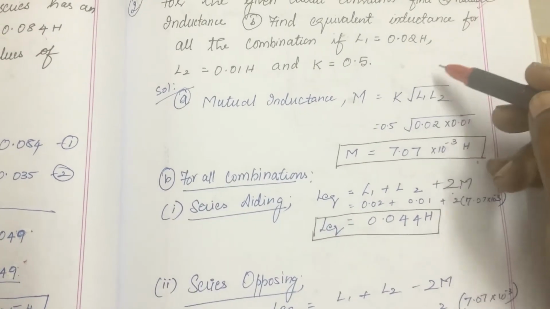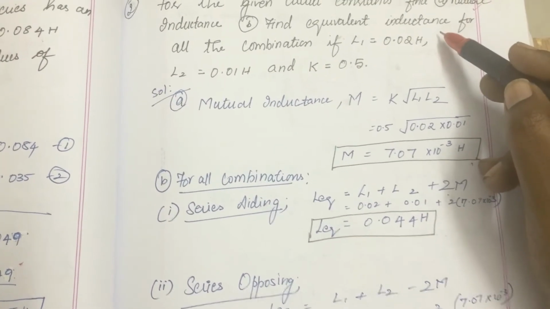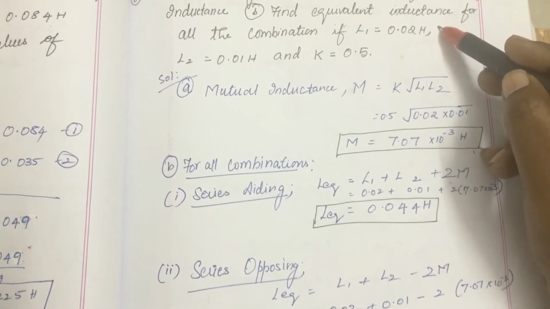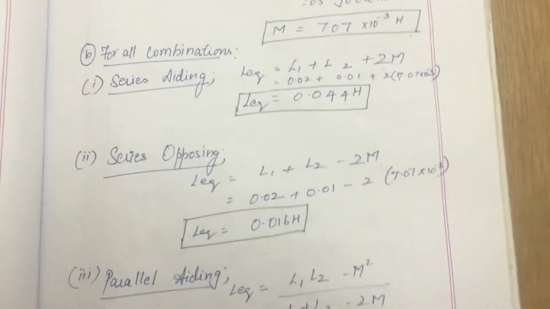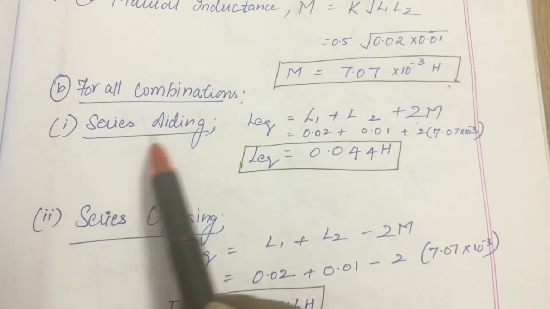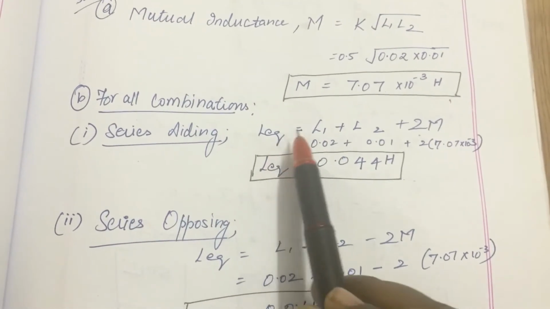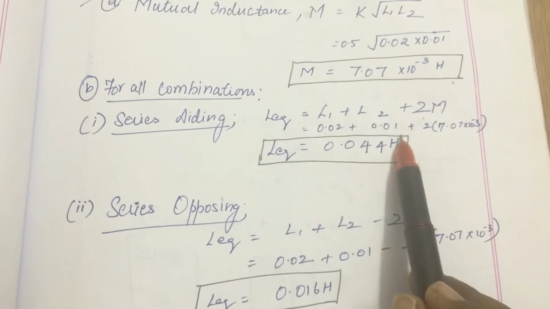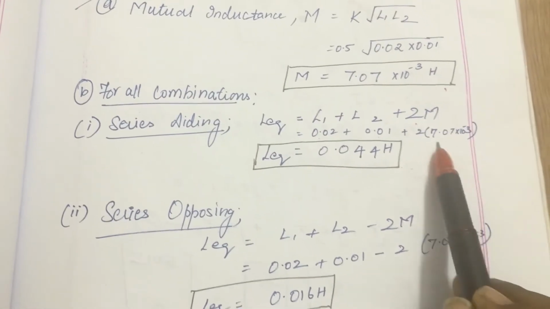Now I have to answer my second question. Find the equivalent inductance for all the combinations. As I said earlier, we have only 4 combinations. This is the first combination, series aiding. For series aiding, the formula for LEQ is L1 plus L2 plus 2M. L1 value plus L2 value plus 2 into the M value which we have obtained.